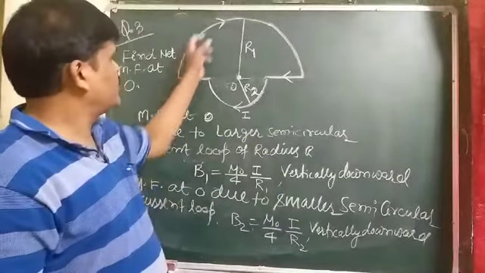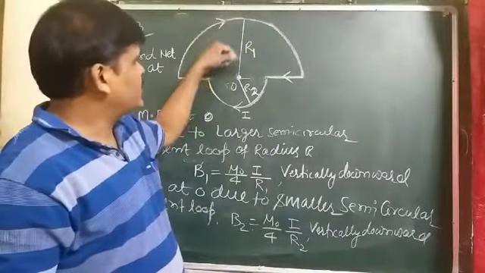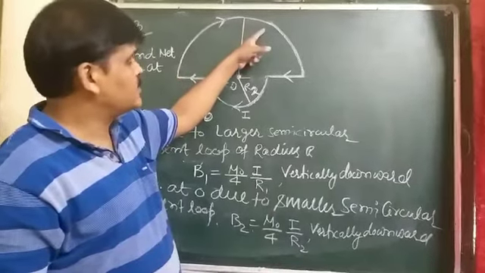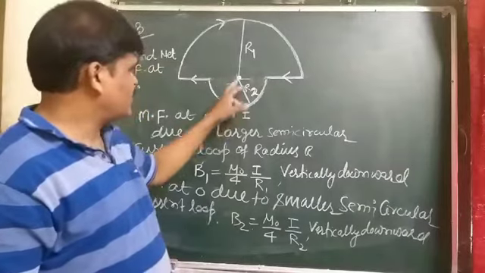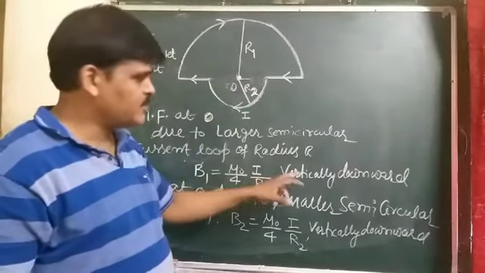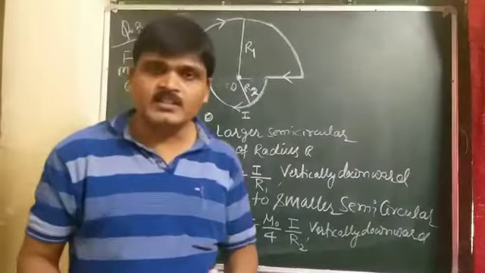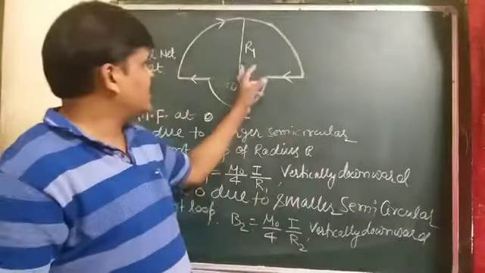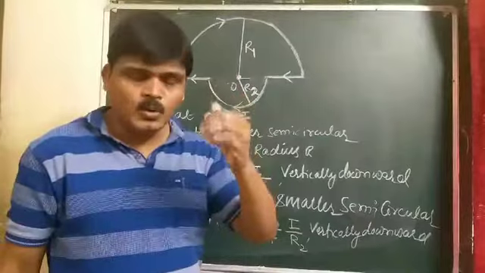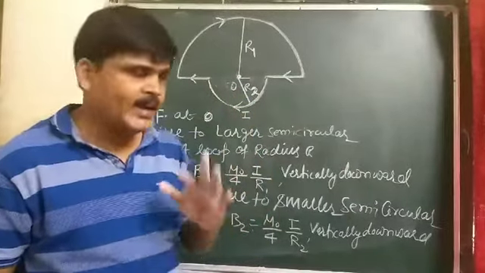The magnetic field B1 due to the larger semicircular current loop and the magnetic field B2 due to the smaller semicircular current loop are in the same direction, vertically downward. So the net magnetic field at the point O will be added.